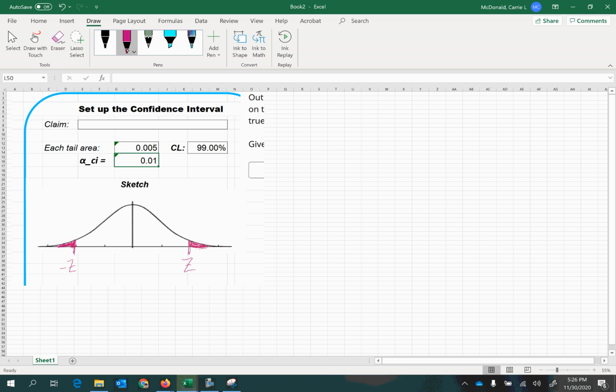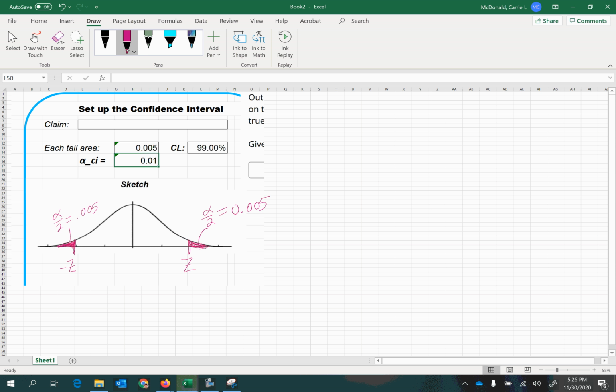And what we want to do is use that maximum probability of making an error and cut it in half so that it is distributed equally on both sides. So we don't want to go too high or too low, so we're going to split it up. And so we have these areas in each tail.